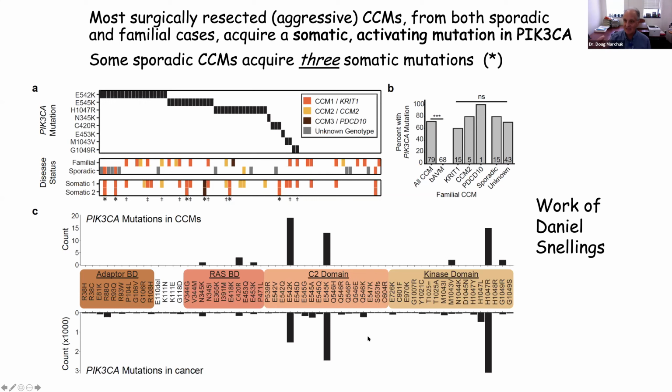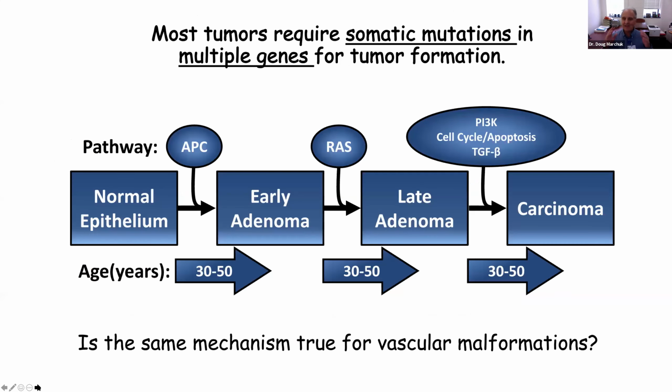So these cancer-causing mutations are showing up in these CCMs somatically. That is, they're happening in the lesion, although the patients don't have them in their normal DNA and the rest of their body. And this made us think, this is a kind of a paradigm of cancer, where cancers grow because they continue to get multiple hits in different genes representing different pathways, so that ultimately, and this is like the Vogelgram for colon cancer, you've got the same idea that you start with normal cells and eventually you end up with a tumor.